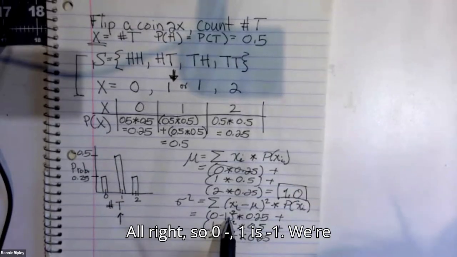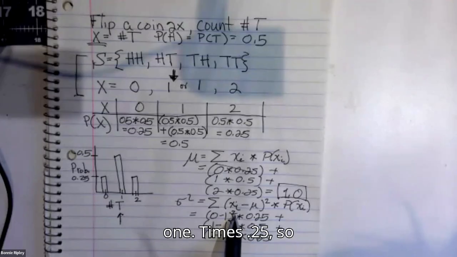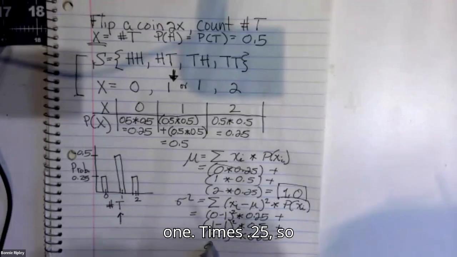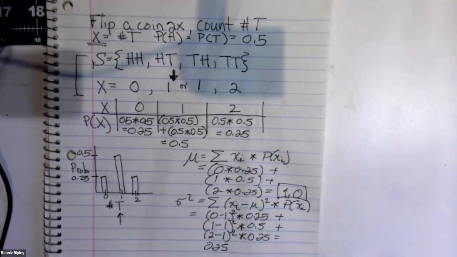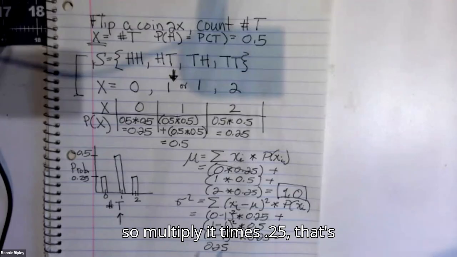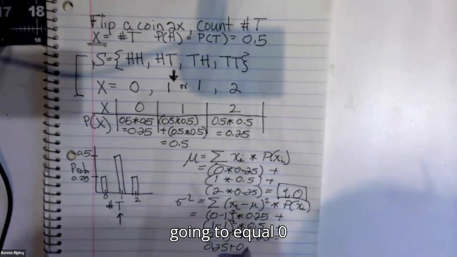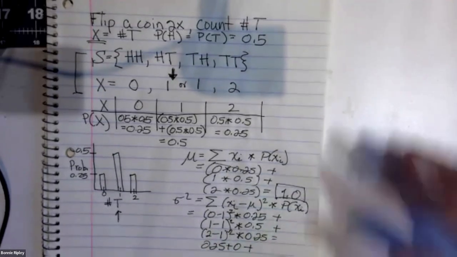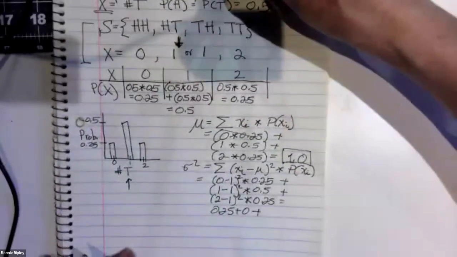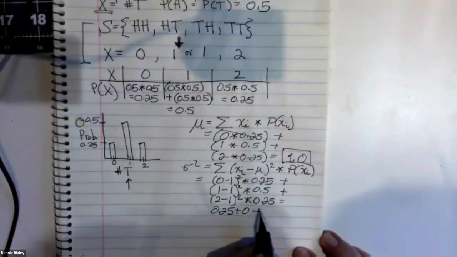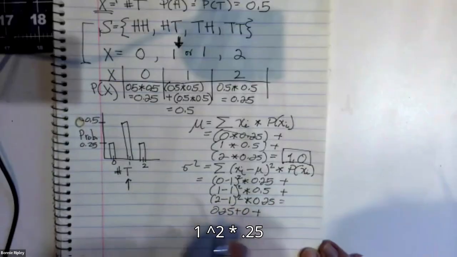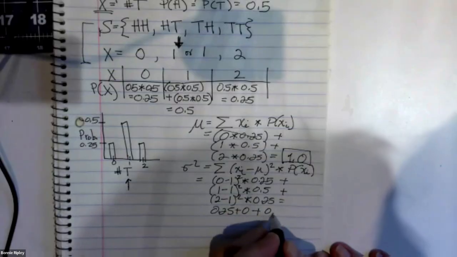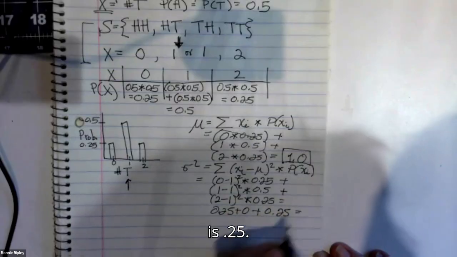All right, so 0 minus 1 is minus 1. We're going to square it. We're going to get 1 times 0.25. So that's going to equal 0.25. Well, 1 minus 1 is 0. So multiplied times 0.5, that's going to equal 0. And we're going to get 2 minus 1 is 1 squared times 0.25 is 0.25.